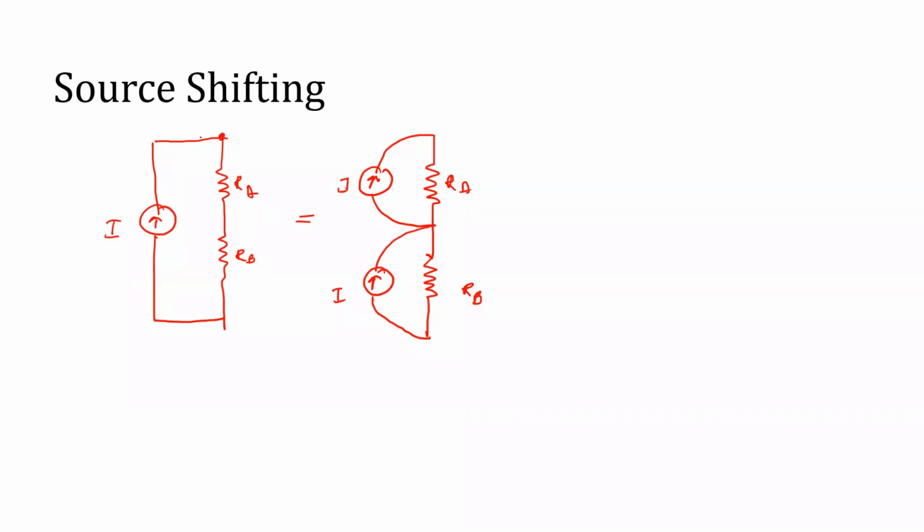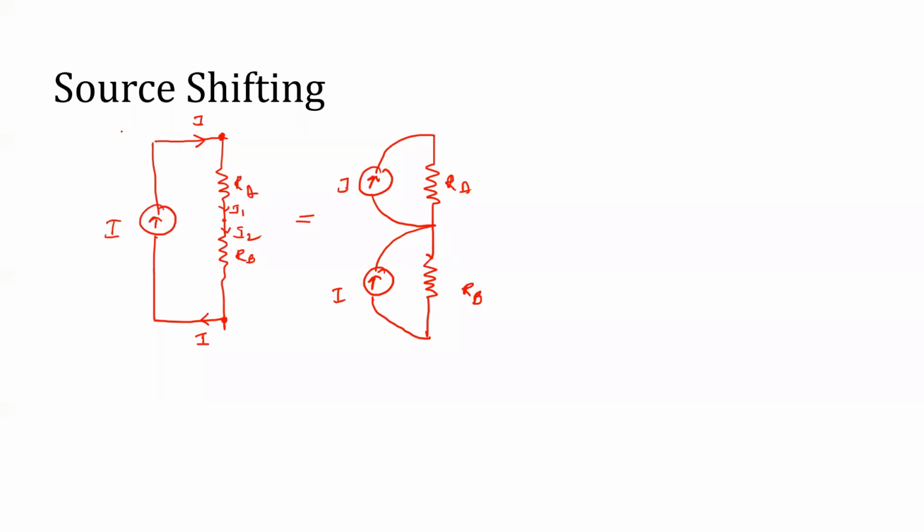This is the node where current I is entering. This is the node where current I is leaving. This is the node where current I1 is entering and the same current I2 is leaving.